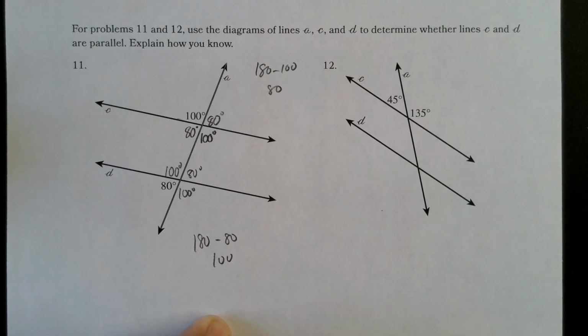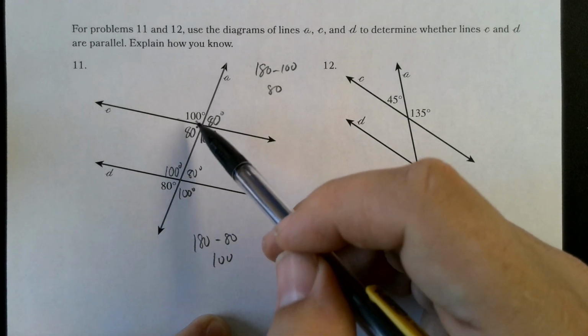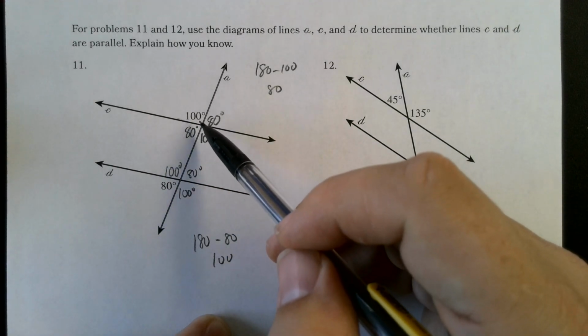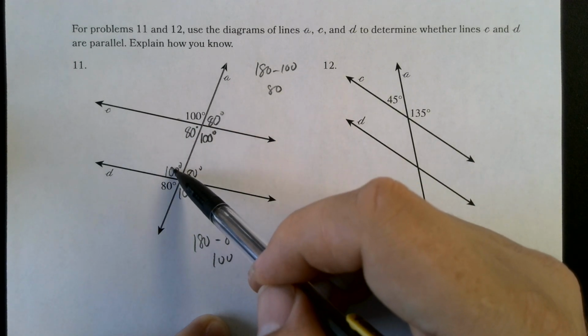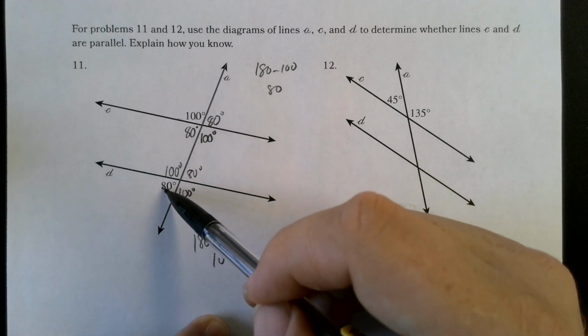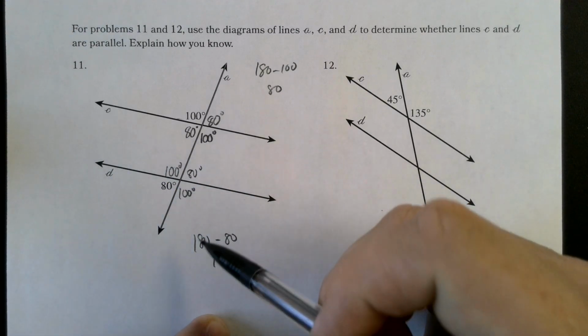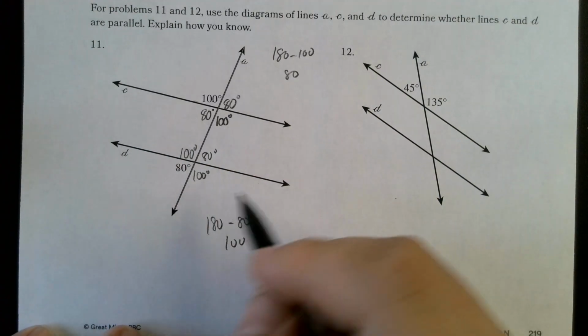Now that I have all the angles that I can find, I'm going to determine if these are parallel or not by looking at my corresponding pairs. So 1 and 5 are congruent, 2 and 6 are congruent, 3 and 7, yes, 4 and 8, yes. So corresponding angles are all congruent. So this would be parallel lines.